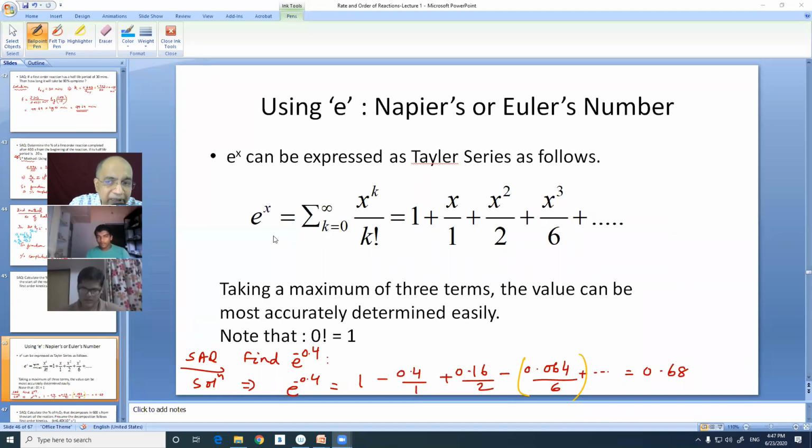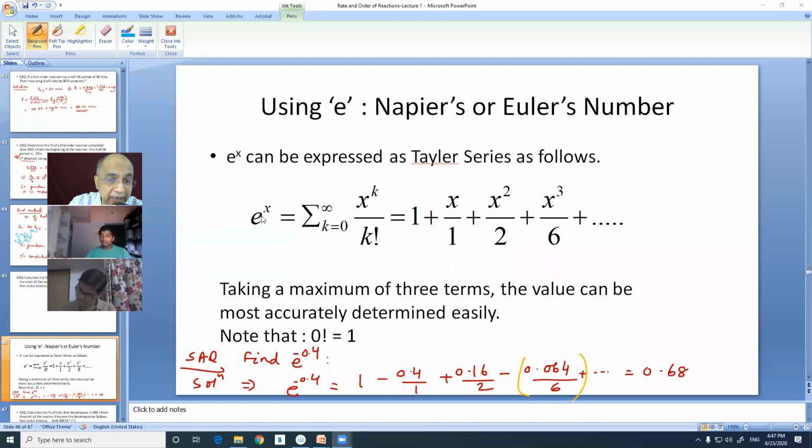Now let us know the mathematics behind this. E to the power x is nothing but sigma k equal to 0 to infinity, an infinite series, of x to the power k by k factorial.